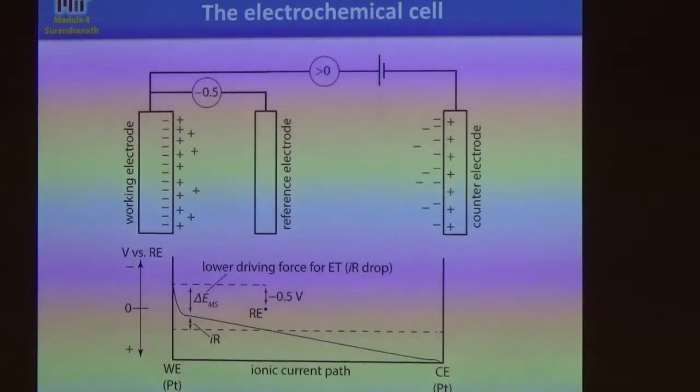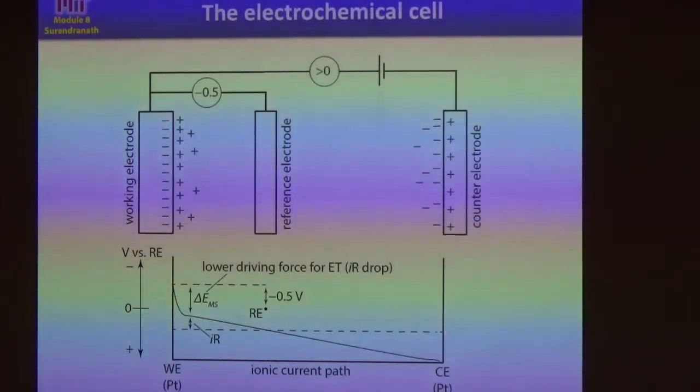And you're able to minimize some of this resistive loss by having a reference electrode. In fact, that's one of the reasons you have a reference electrode, not only to pin the potential or to measure the potential relative to a known value, but also to essentially compensate for or remove a lot of the resistive loss that's occurring between the reference and the counter electrode.